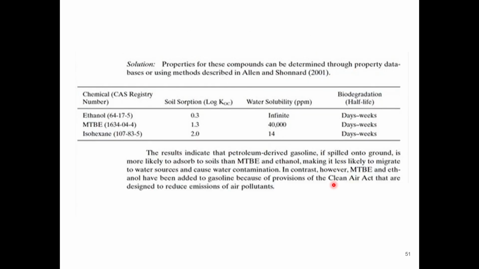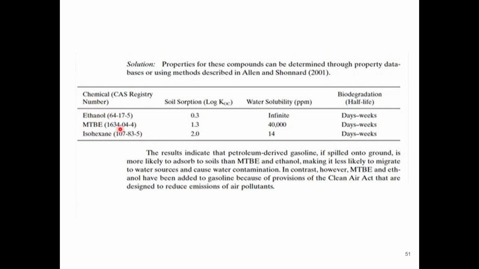If you refer to the literature by Allen and Shonnard, 2001, these are the values. Properties for these compounds can be determined through property databases or using methods described in this literature. Ethanol has a CAS registry number of 64-17-5, which is a representative number for this compound.